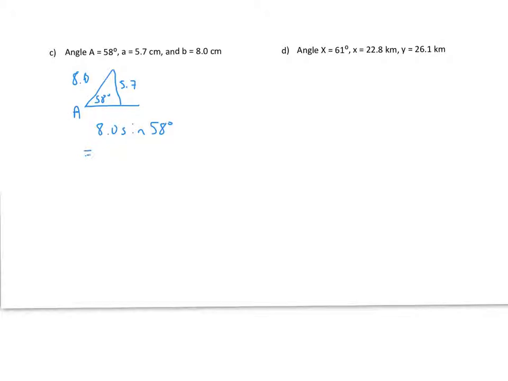I got about 6.78. So side A, 5.7, is not long enough to create a triangle. Since side A is smaller than B sine A, in other words 5.7 is less than 6.8, no triangle can be formed, and there wouldn't be a solution there.